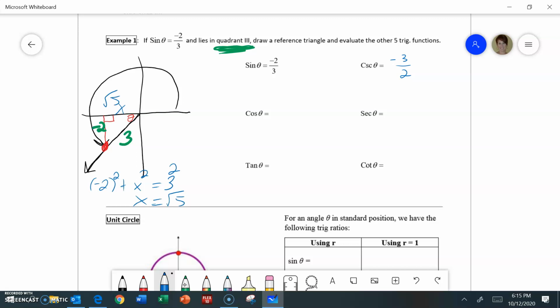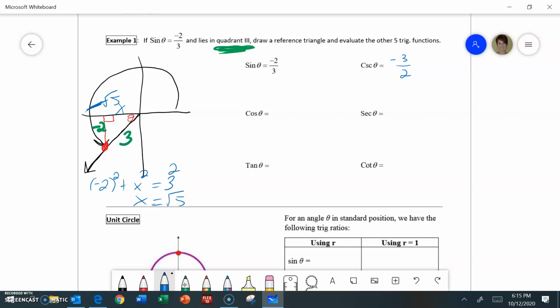So when we go to do the cosine of this theta, we're going to do adjacent over the hypotenuse. Now, before I go on, I almost did this and I don't want you to do it. I'm going to remind myself that we would go to the left of the origin, so I'm going to put that negative.